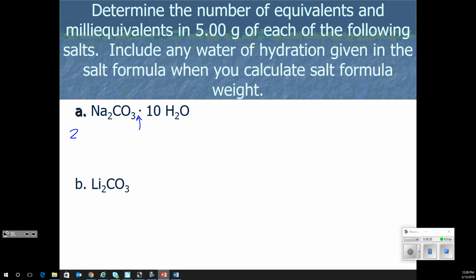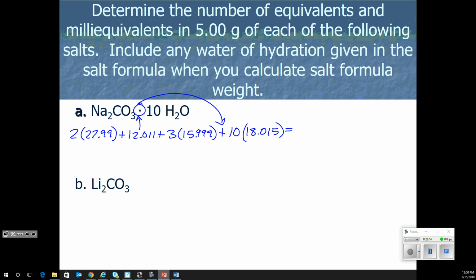So I would take 2 times 22.99 plus 12.011 plus 3 times 15.999 plus 10 times, I know water's mass is 18.015 because I've added it up so many times. Get that mass, whatever it is. I'm just adding it up.